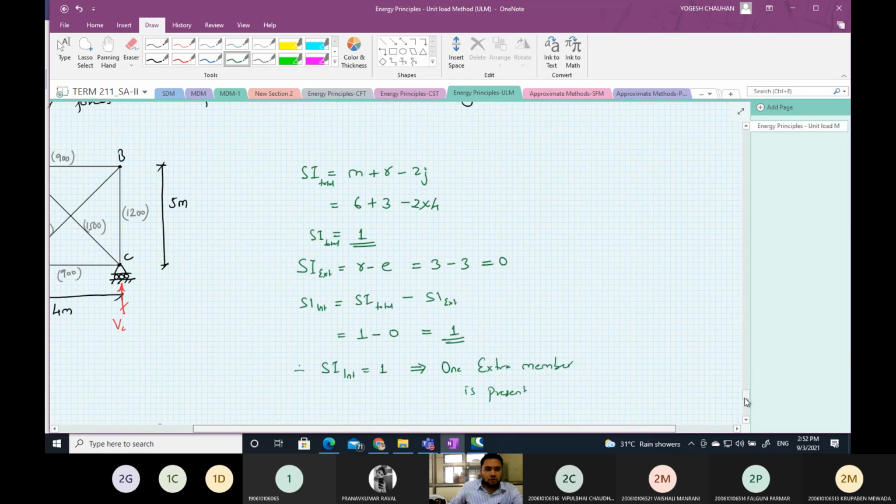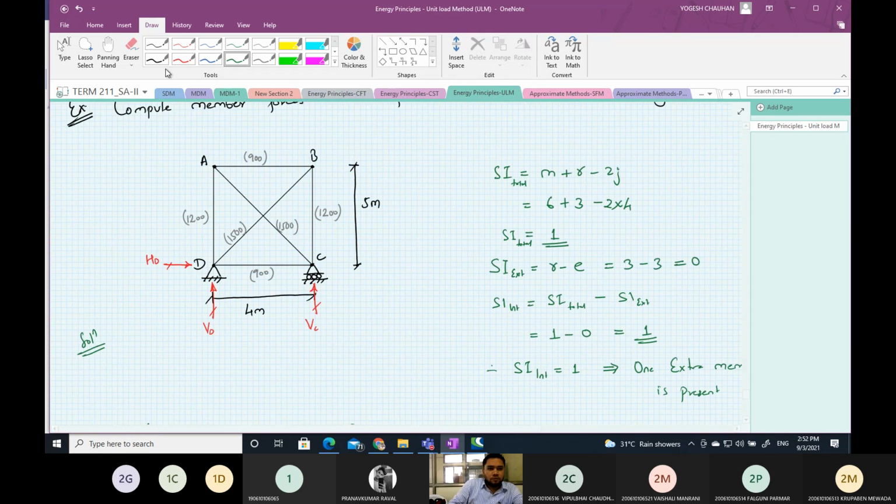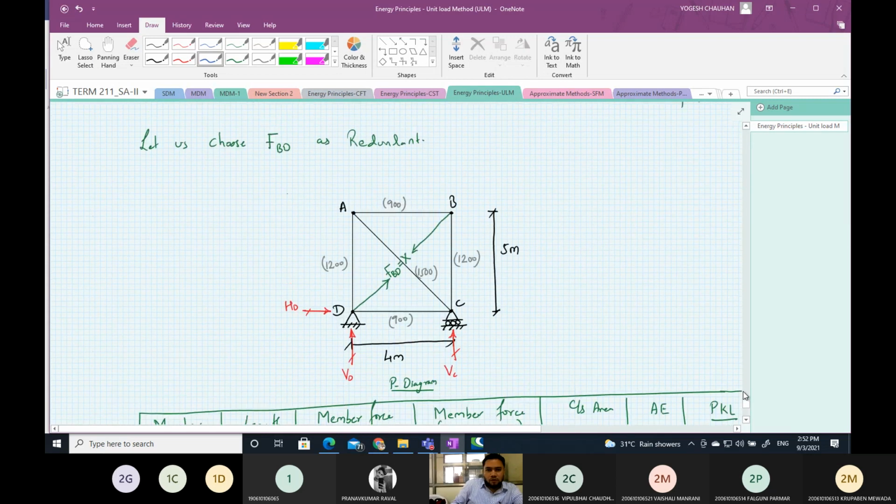The truss is subjected to a 60 kilonewton load at A. This is 60 kilonewton.